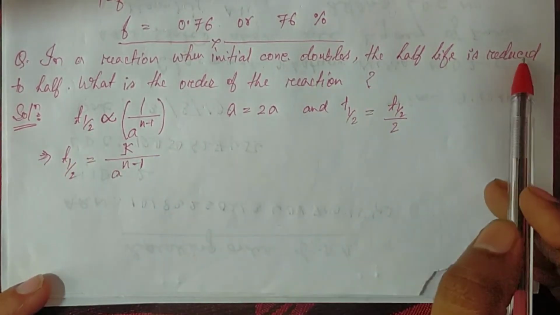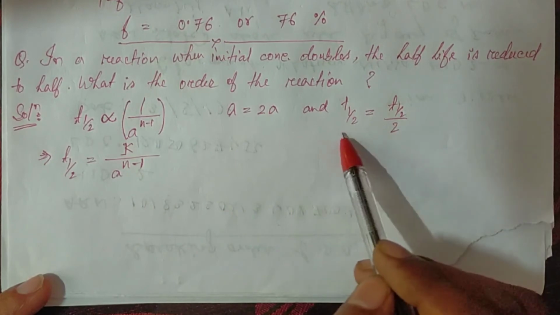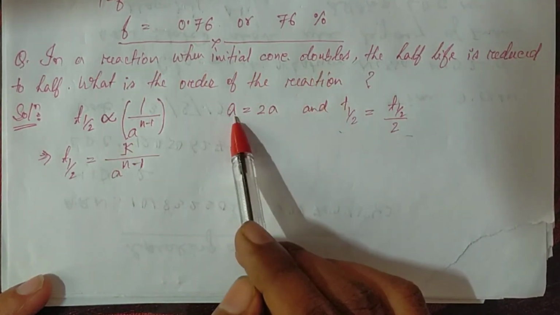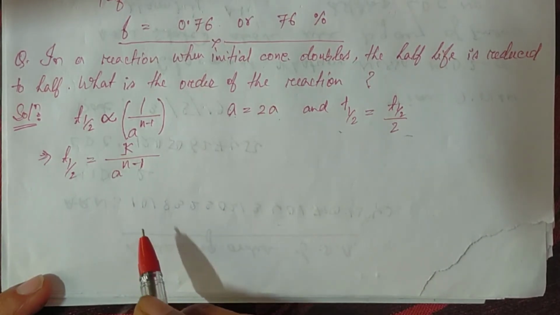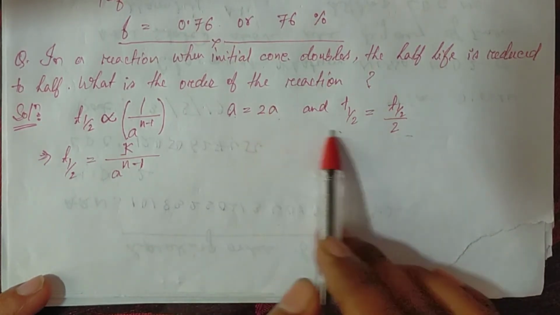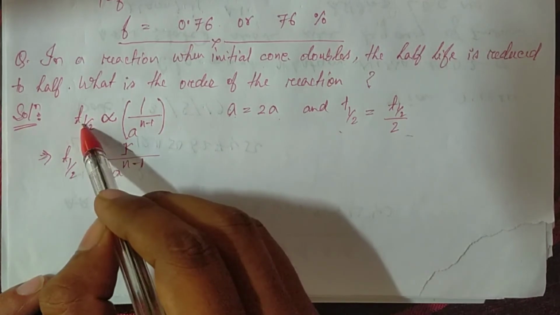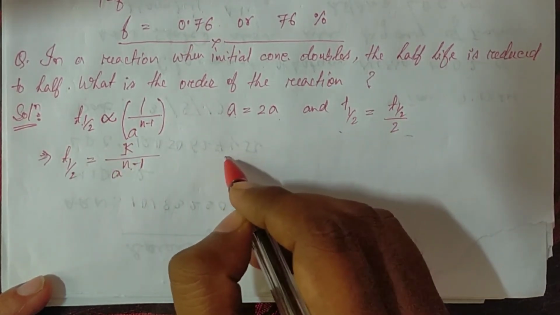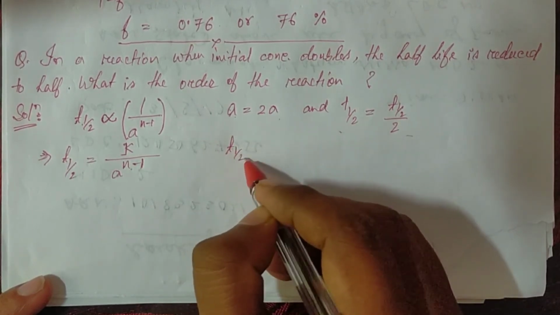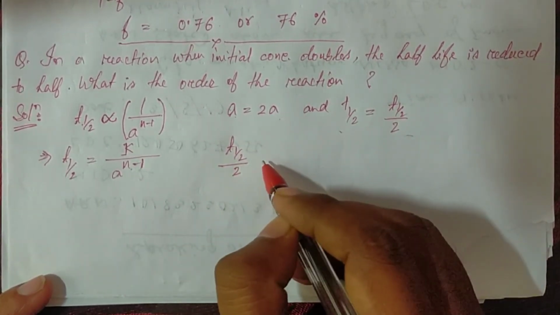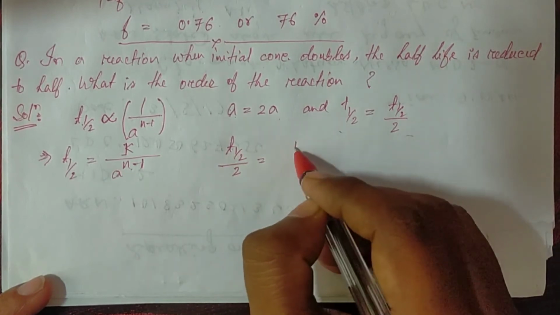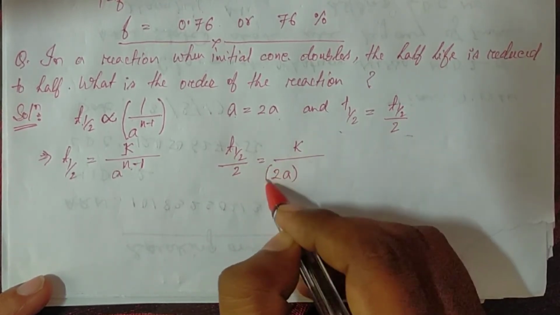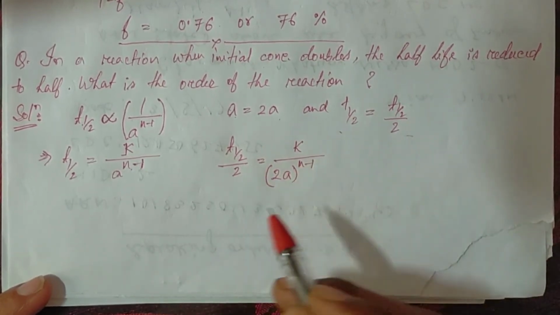That means the half-life will reduce to half when initial concentration doubles. So when we put this value in this equation, it will be t half by 2 is equal to k twice a whole to the power n minus 1.